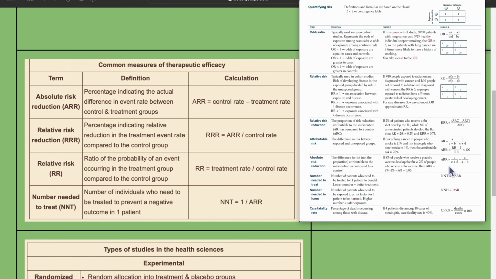That is your C, right? So this is going to be the control one, not exposed to the treatment or whatever. So C and D, so that's going to be C over C plus D. So that's your control group minus this, right? A over A plus B, right?